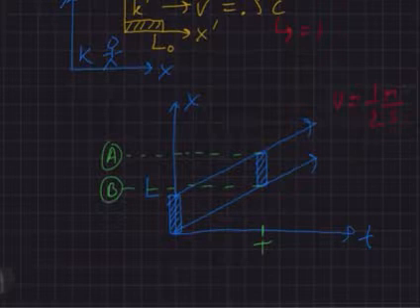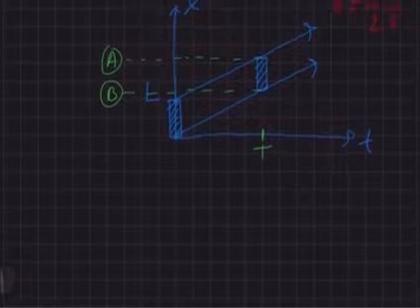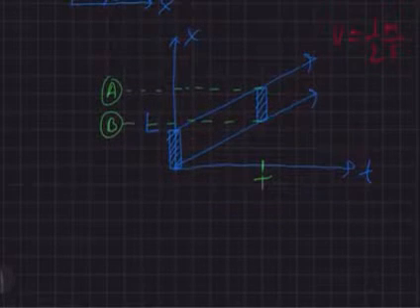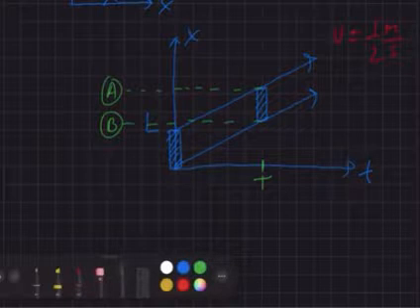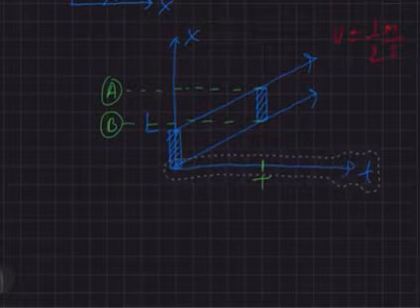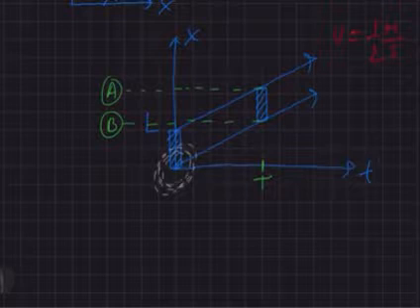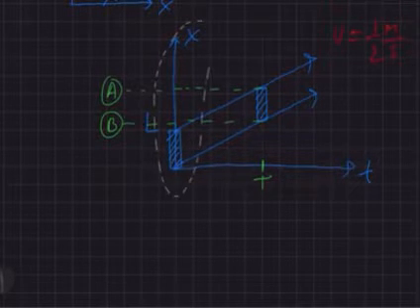Let's make some room here and plot x prime versus t prime on top of this graph. And to do this, we can make use of a clue. Notice that when t is equal to 0 in this graph, that corresponds to the x-axis.